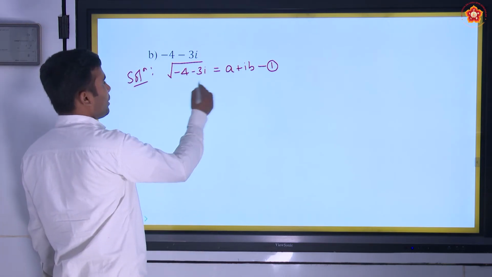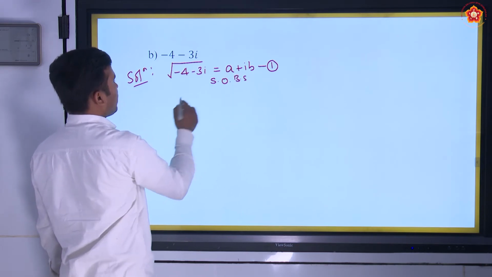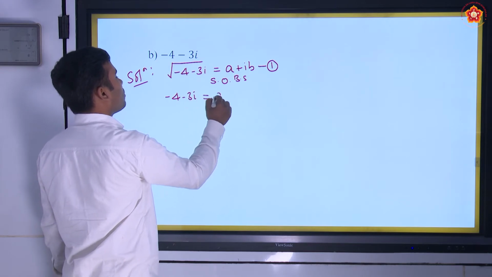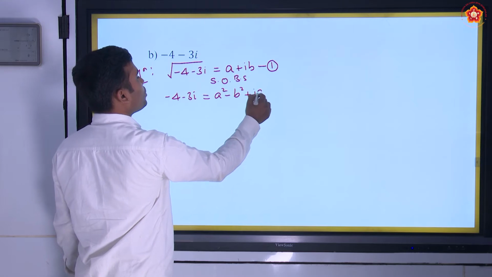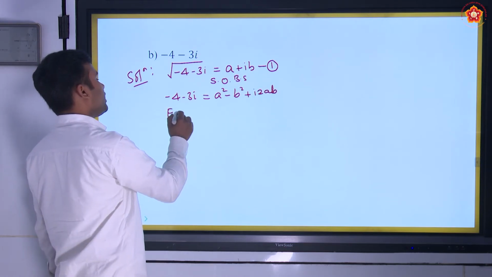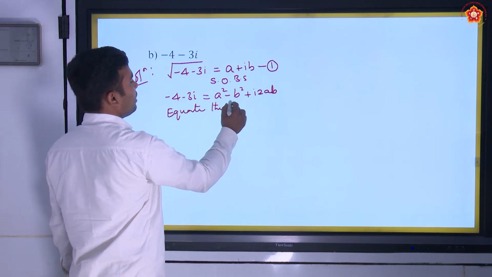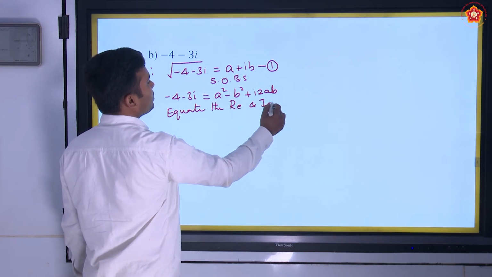Now if you square both sides, it will be minus 4 minus 3i, which is equal to a square minus b square plus i2ab. Now equate real and imaginary parts.